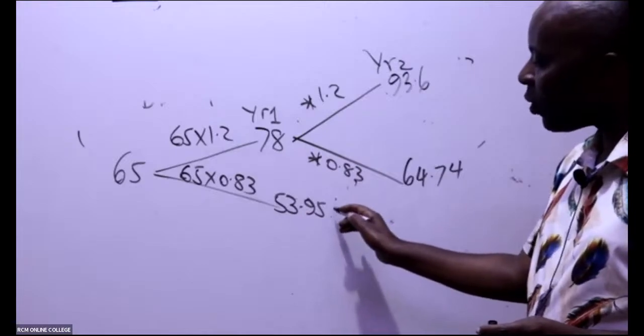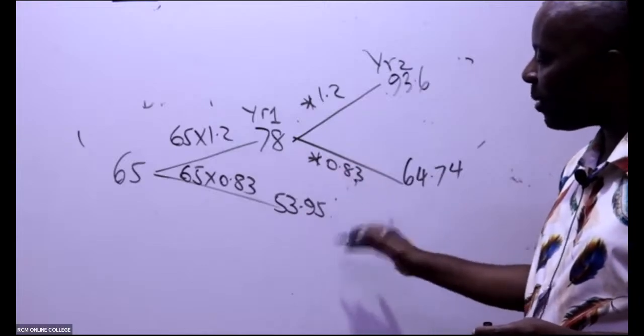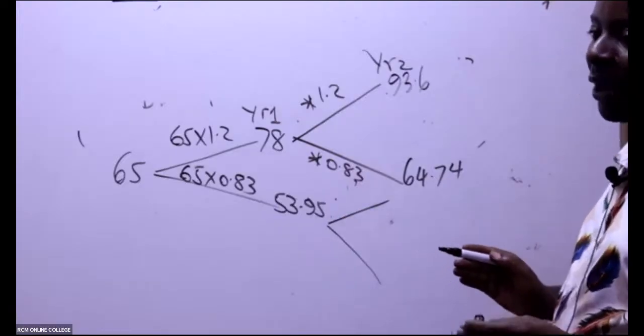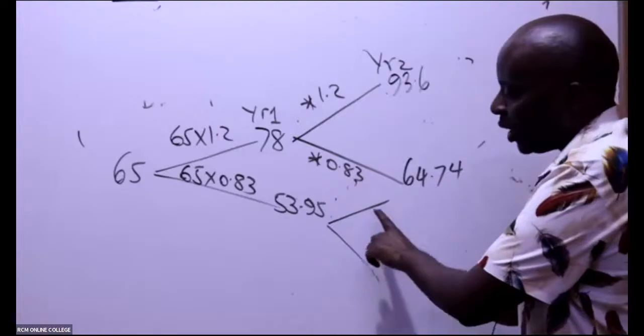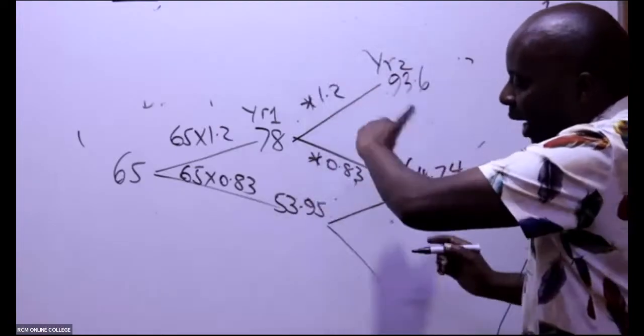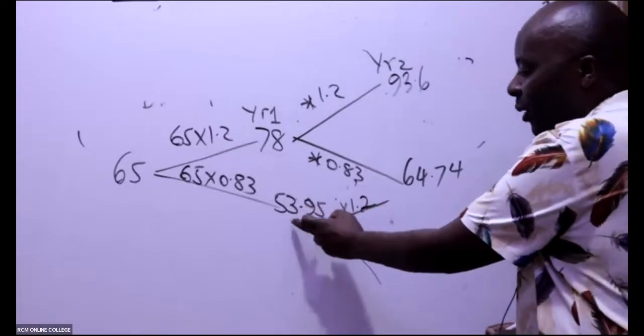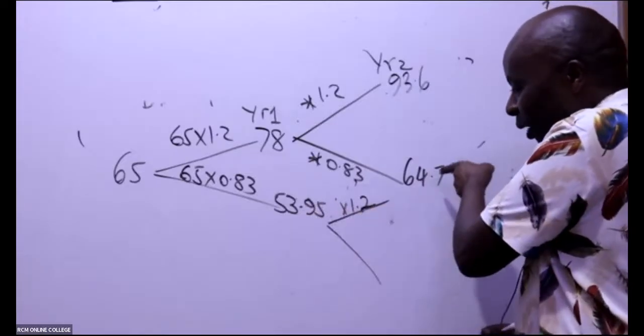How about this one? If this one was the end of year one parameter, when it goes to year number two, there are two possibilities. It could either go up, so for an up movement, you multiply by 1.2. And if you're right, when I take this times this, it should agree with this figure.